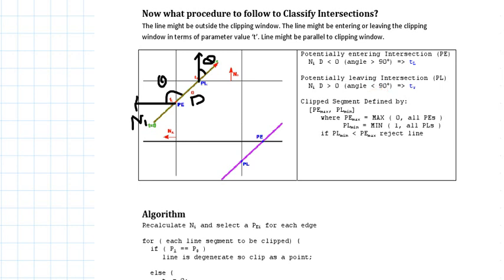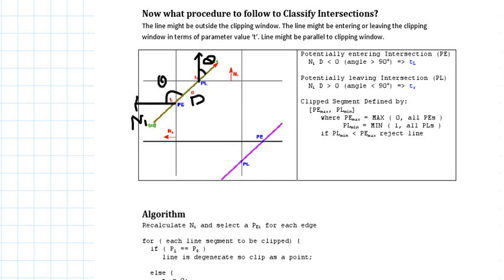So the intersection point with respect to the edge where this leaving phenomenon is taking place, you can call it TR. So in this way, you can classify the intersections in terms of intersection with respect to the entering edge and intersection with respect to the leaving edge.